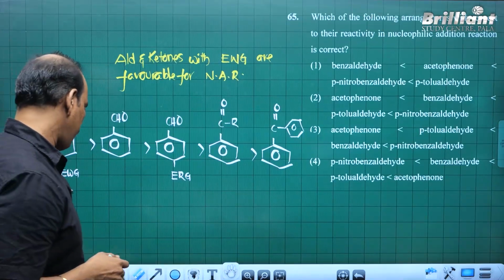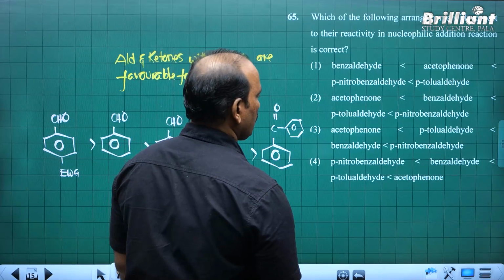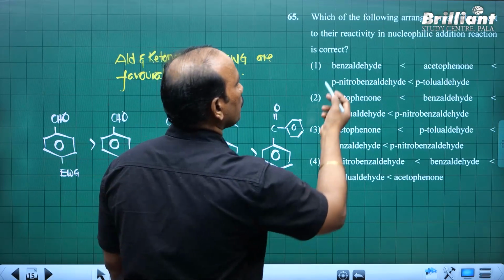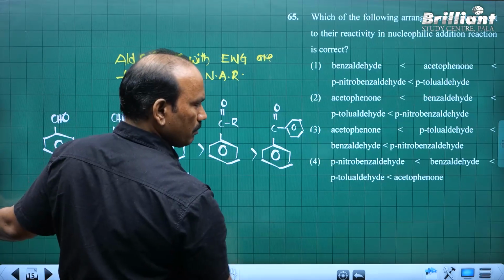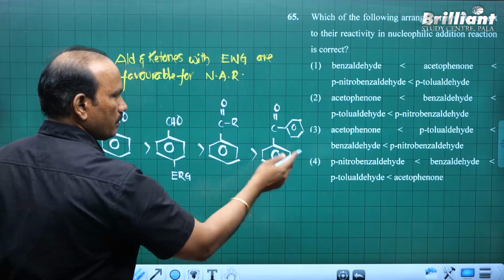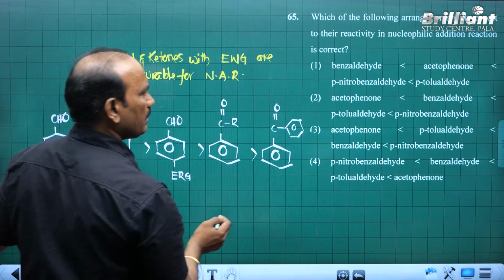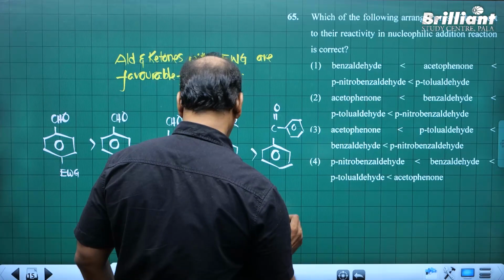Okay, now here benzaldehyde, acetophenone, what is the content? We are required to find the order. Then acetophenone, then nitro group. What are the compounds in all four? One is benzaldehyde.